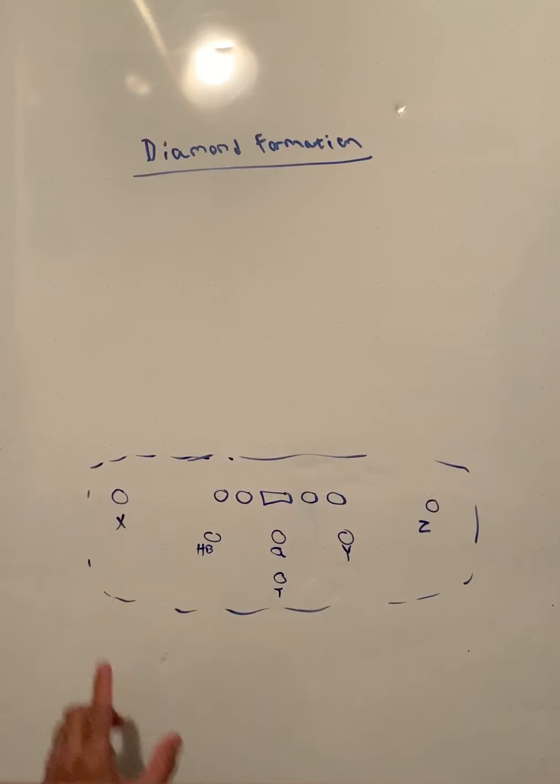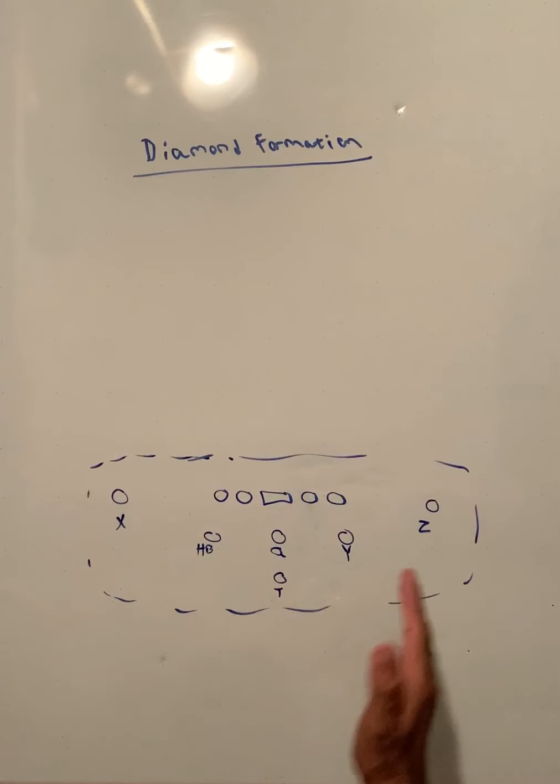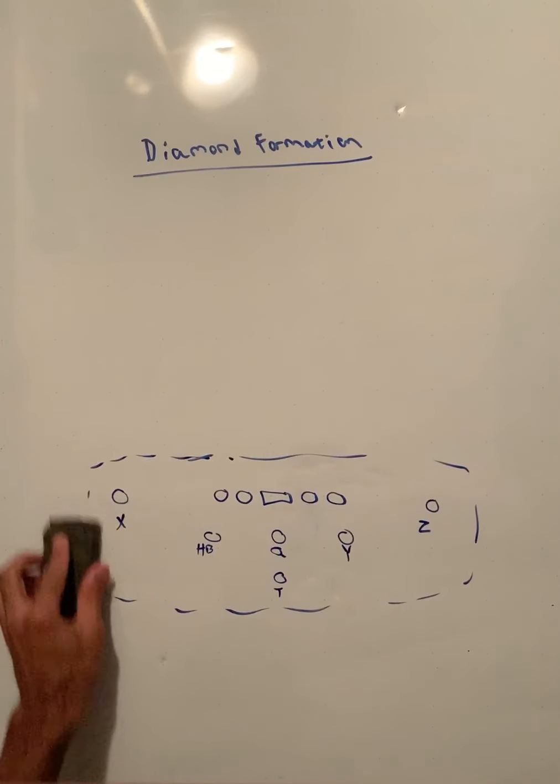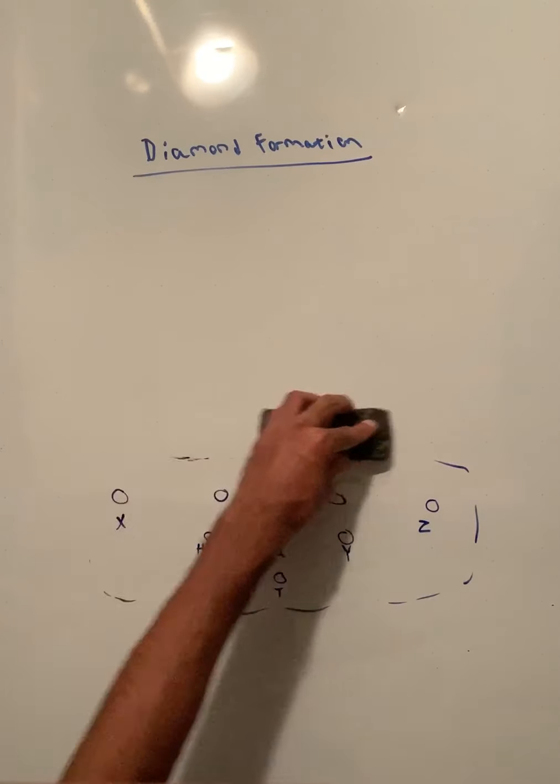So what these letters mean, X, Y, and Z: X is usually going to be your best receiver, and X is usually lined up on the back side of the formation, or rather, the weak side. So X is usually going to be on the weak side, Z is going to be on the strong side, and then Y is either going to be your tight end or your slot receiver. And yeah, that's basically what those letters mean. So this is what the diamond formation looks like, and we're going to talk about some plays that you can run out of this look on offense, right?